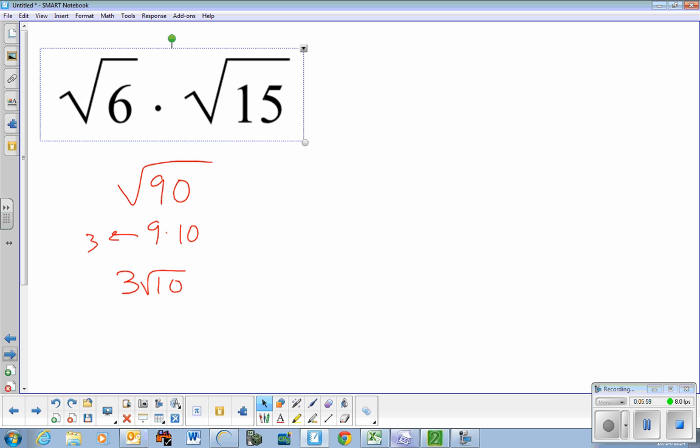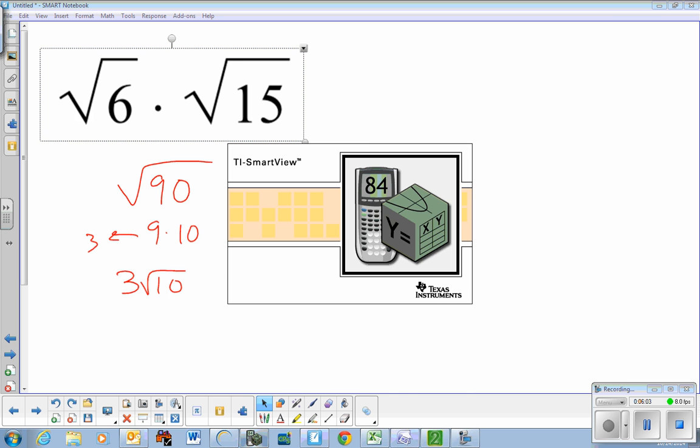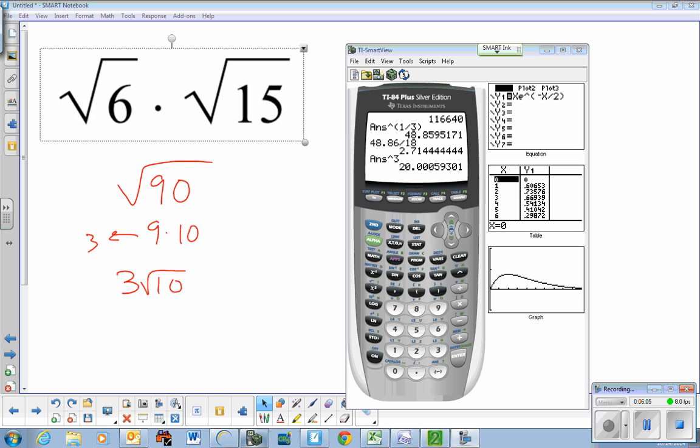I want to make a point on one of these. Let me get my calculator out. That point is we are simplifying. We are not changing anything. So you might not be able to do this on your test, but if you're just checking or doing a homework problem, we did the square root of 6 times the square root of 15, which should be 9.486.